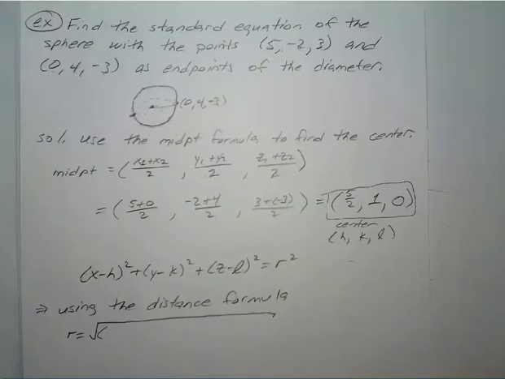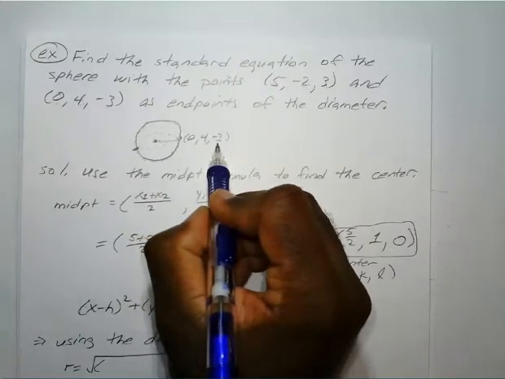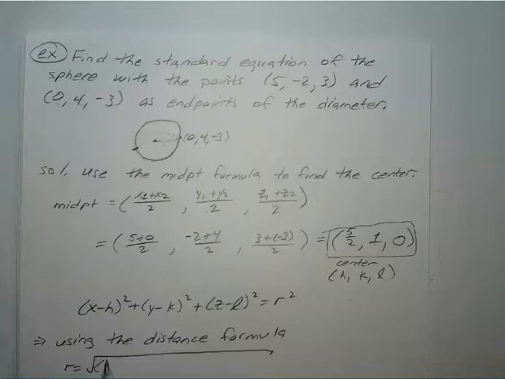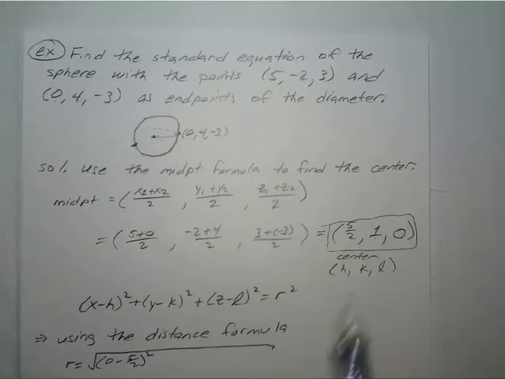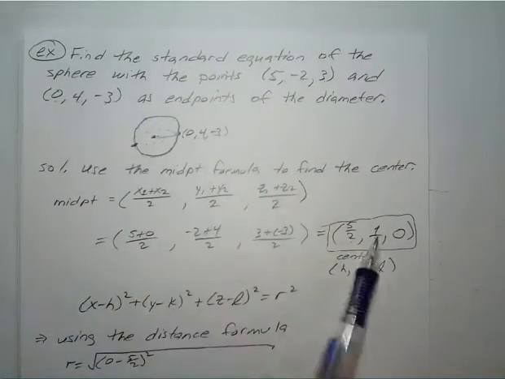All right. So this is your x1, y1, z1. This is your x2, y2, z2. That will leave us with 0 minus 5/2 squared. x2 minus x1, y2 minus y1, z2 minus z1 goes from there.